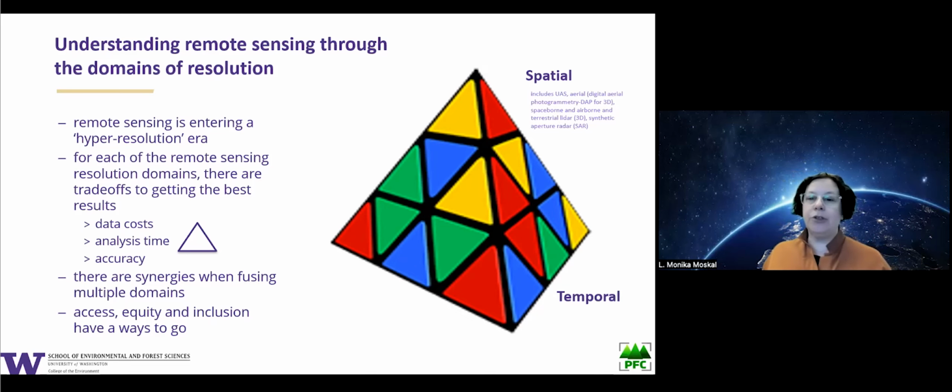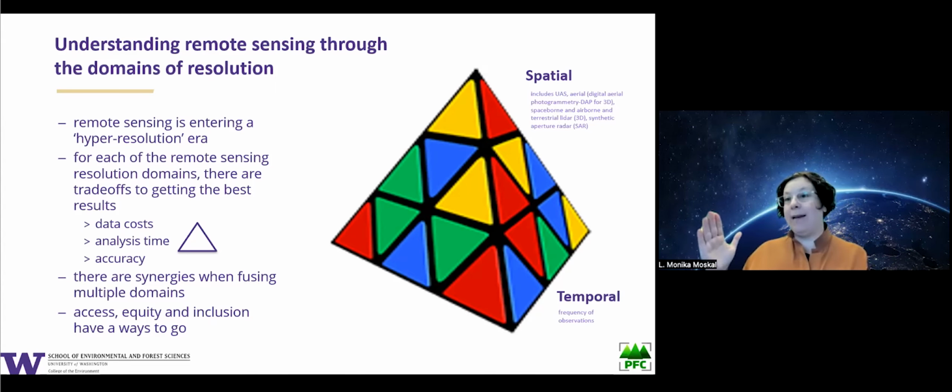The other resolution that I like to solve for is the temporal resolution. And this is the frequency of observation, but also the temporal scale, the length of time that we can look at a landscape. So with remote sensing, we have this unique opportunity to actually travel in time. We can go back to the mid-1930s and see the landscape from historic black and white aerial photographs.